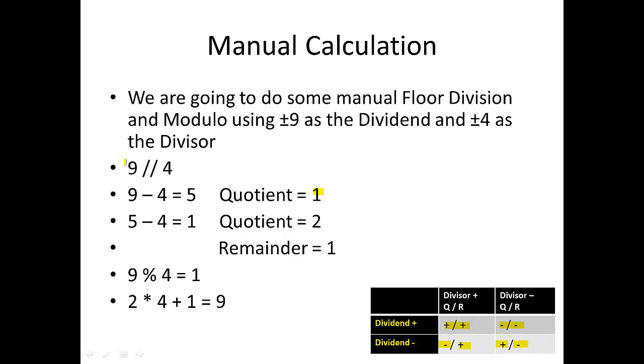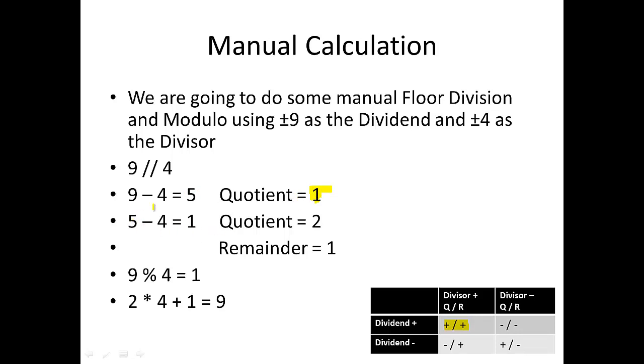Okay, we'll start with our first example, which is 9 divided by 4, which is this case here, where both are positive. So what we want to do is get to a remainder that is close to 0. In this case, we'll take 9 minus 4, which equals 5. So far, our quotient is 1.